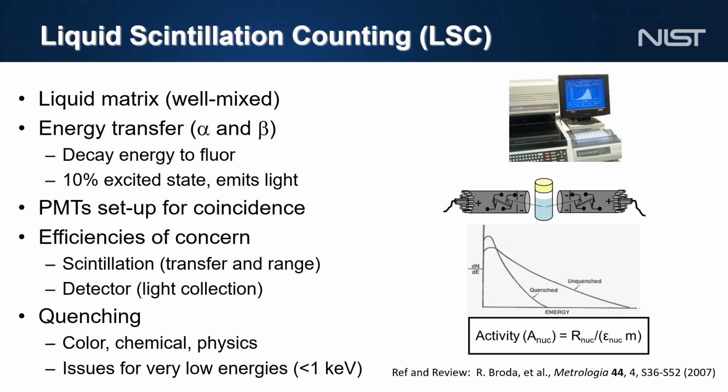Efficiency depends on both the PMTs and on the character of the decay. Counting efficiency is also impacted by quenching, which can arise from chemical scavenging in the sample, light attenuation, and ionization-induced high ionization density. Activity concentration is calculated based on count rate, counting efficiency, and sample mass.